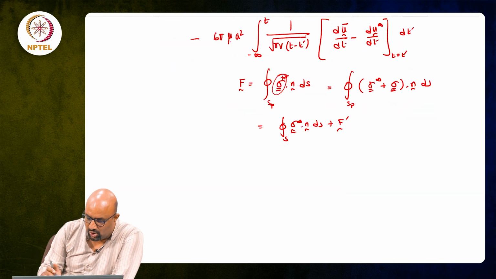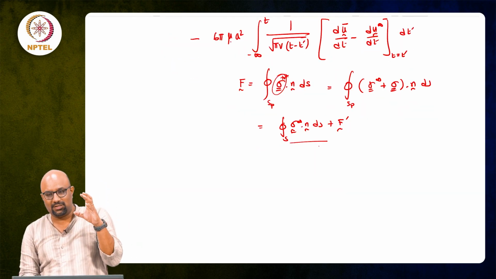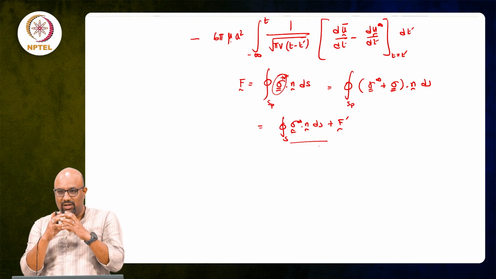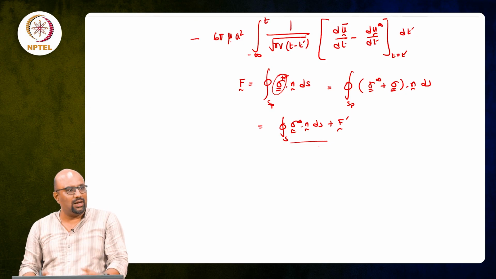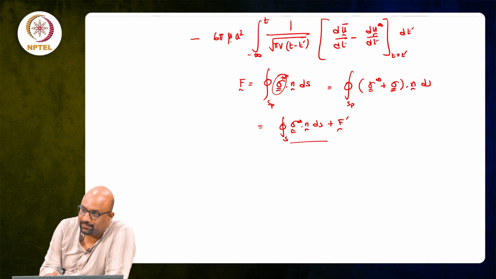But there is also a force experienced by a control surface which coincides with the sphere due to the undisturbed flow. So, sigma dot n dS. If I use a volume integral, what would it be?